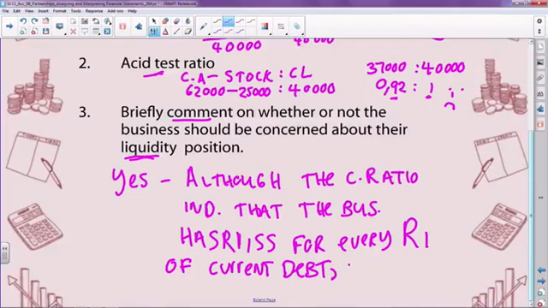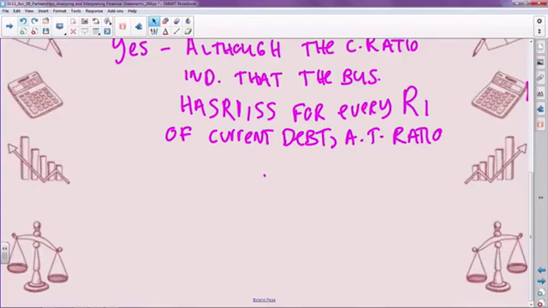Then you mention the asset test ratio. Okay, so the asset test ratio, I just want to quote. Right, the asset test ratio, so in brackets, I'm just going to state the asset test ratio.